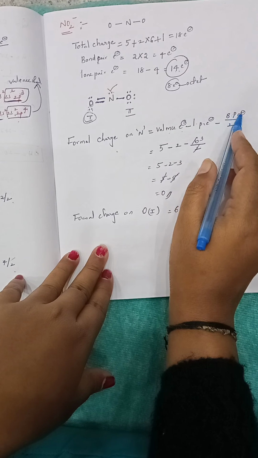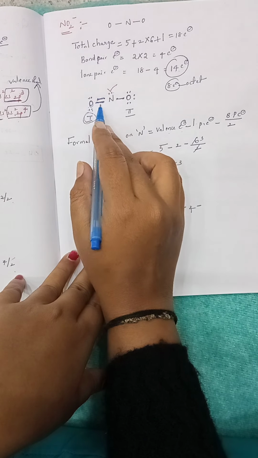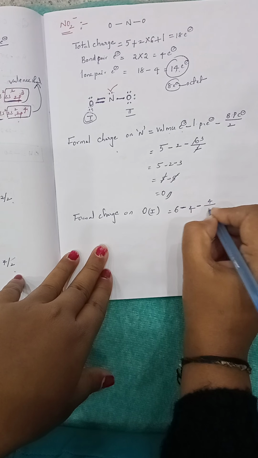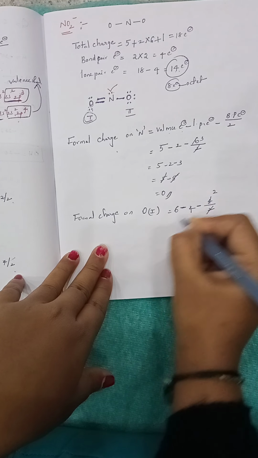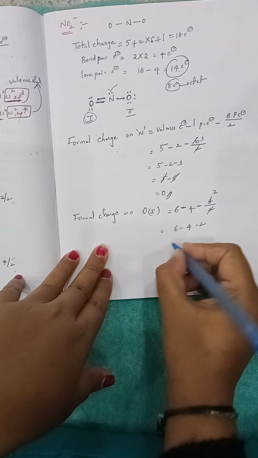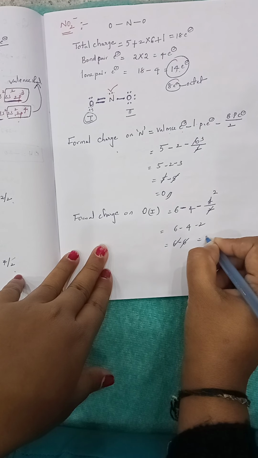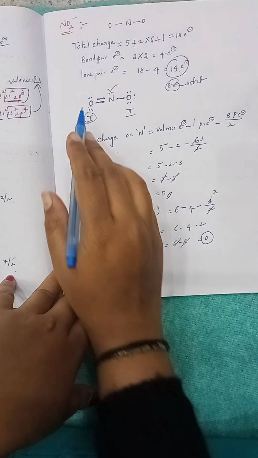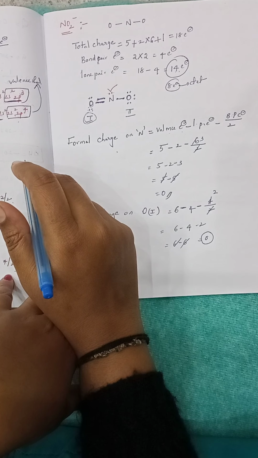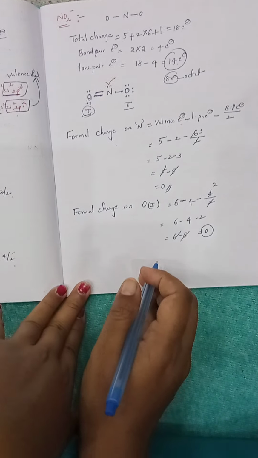Minus bond pair electrons, there are 2 bonds. 2 into 2, 4, by 2, is 2. So 6 minus 4 minus 2, minus 4 minus 2 is minus 6, and 6 minus 6 gets cancelled, 0. There is no charge on the first oxygen atom, that is also neutral.